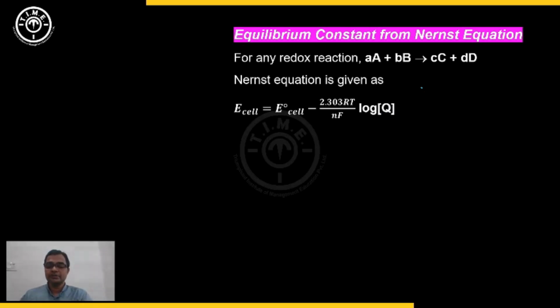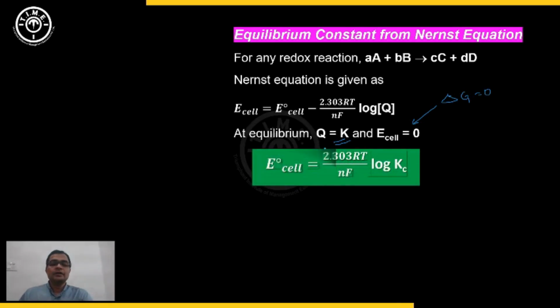Here at equilibrium state, delta G is always 0. At equilibrium state, delta G will be 0. If delta G is 0, E cell is also 0. Then the reaction quotient becomes the equilibrium constant. Now E cell is 0, right?